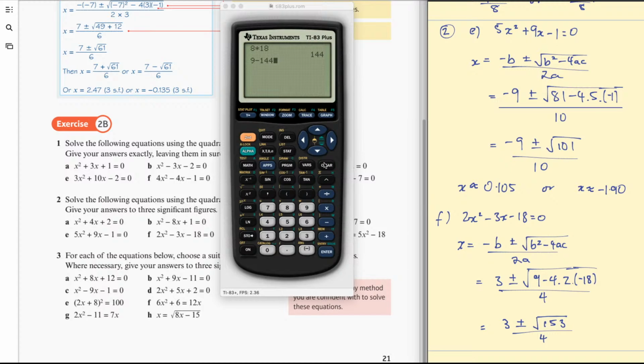And then we need to calculate them. So 3 plus the square root of 153 divided by 4, 3.8.